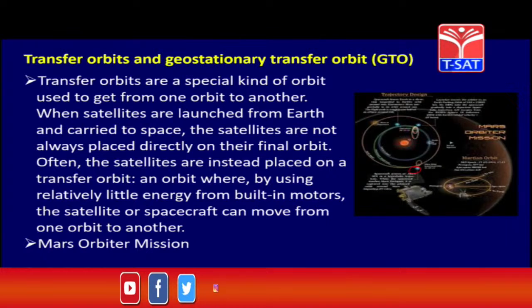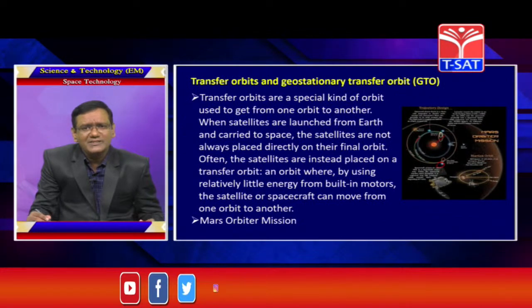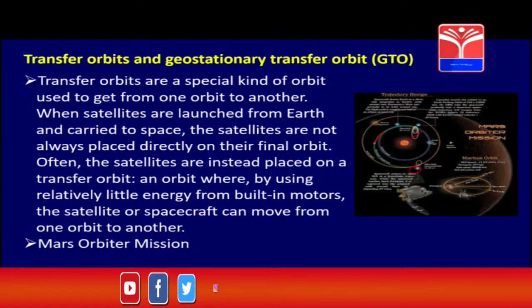Initially we take the satellite up to this position first, and then it revolves around this. When it comes to this position, we change the velocity of the satellite and increase the speed. Once we increase the speed, what happens? It actually goes to a different orbit.